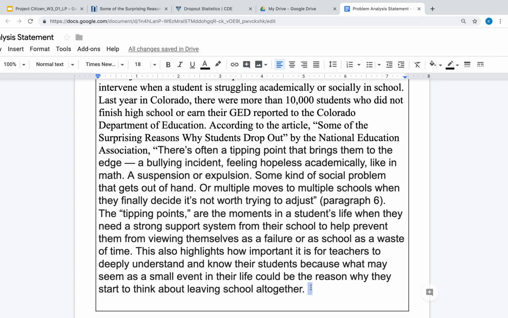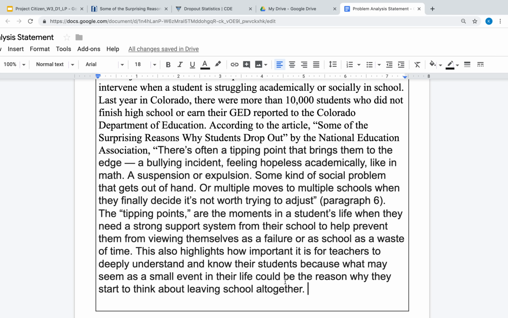Here's what I said: the tipping points are the moments in a student's life when they need a strong support system from their school to help prevent them from viewing themselves as a failure or school as a waste of time. This also highlights how important it is for teachers to deeply understand and know their students, because what may seem like a small event in their life could be the reason why they start to think about leaving school altogether.